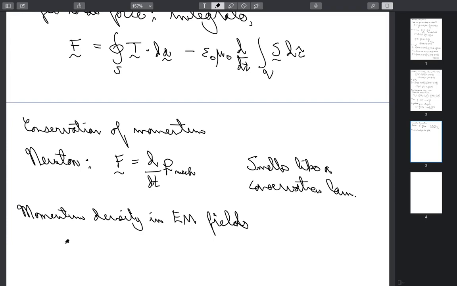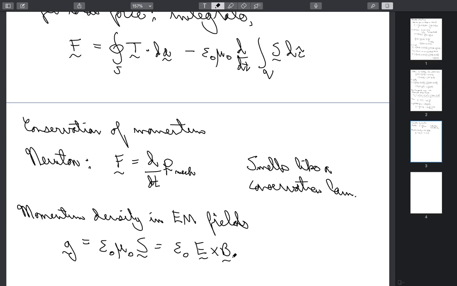By convention, because it's a density of momentum, it's going to be a vector, right? It's going to be a momentum per unit volume, and by definition, this is just going to be taken to be epsilon 0 mu 0 times the Poynting vector, which you can of course just rewrite as epsilon 0 E cross B.